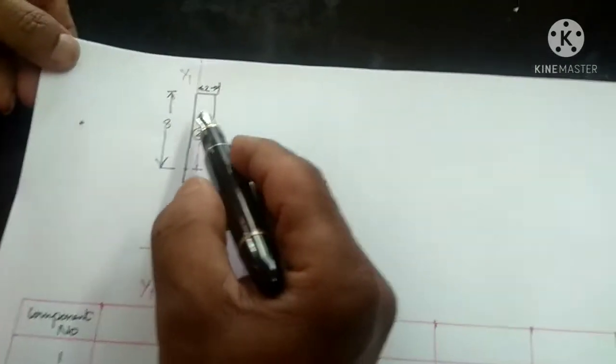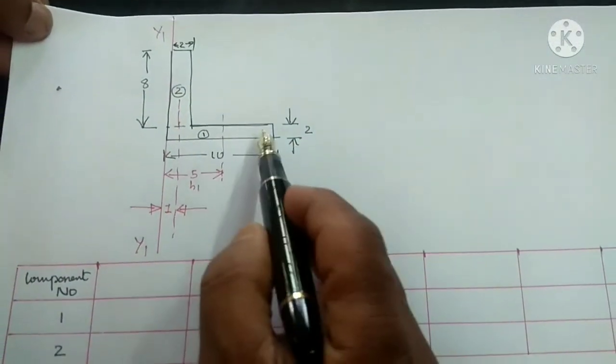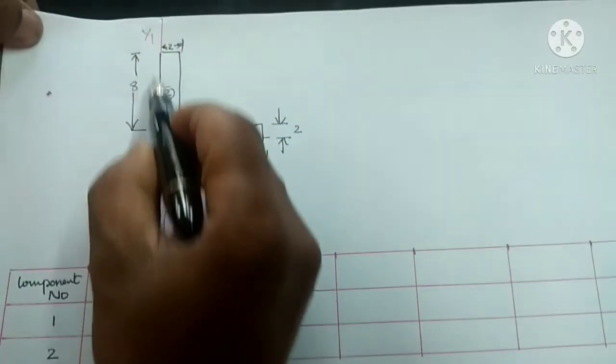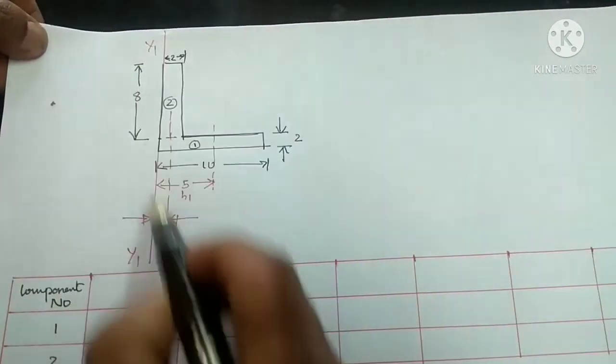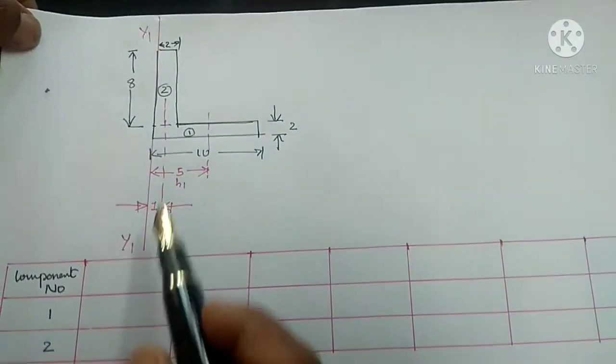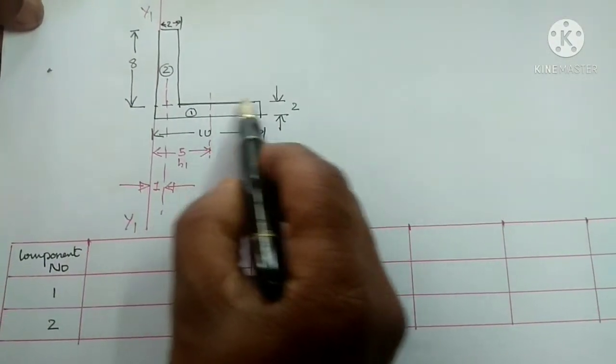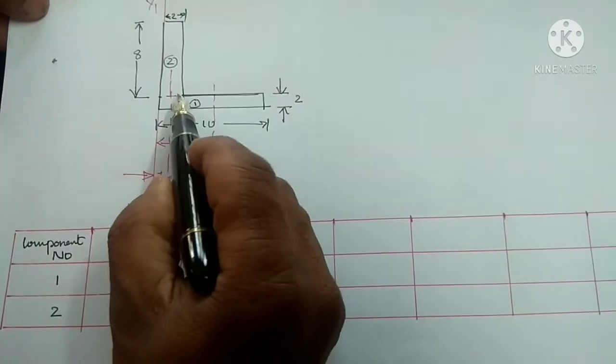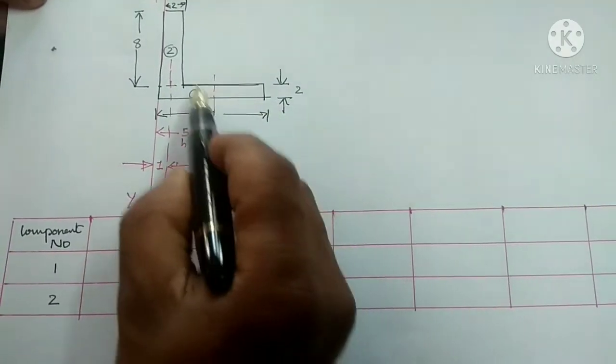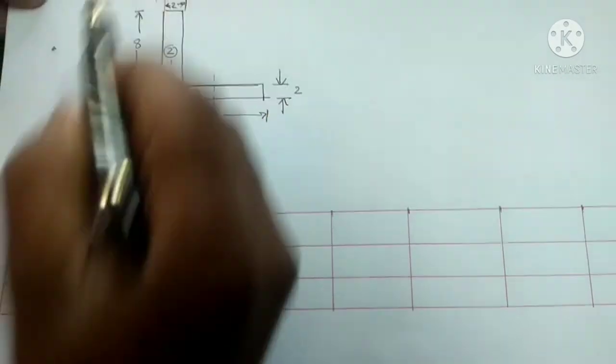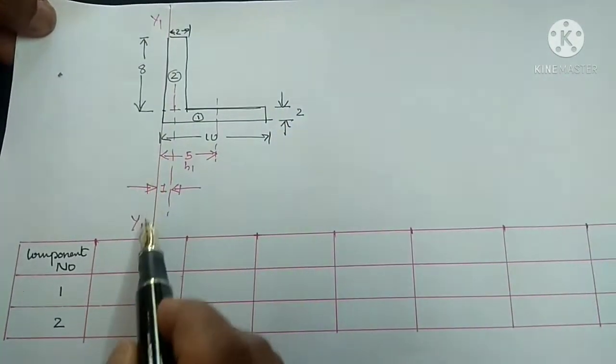Next, we have to consider the same composite area, but the new reference axis is Y1Y1. So here also we have to divide the composite section into components. This is the first component, this is the second component. This is the reference axis.